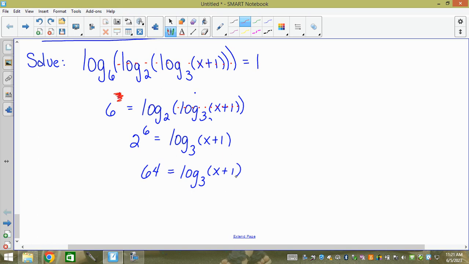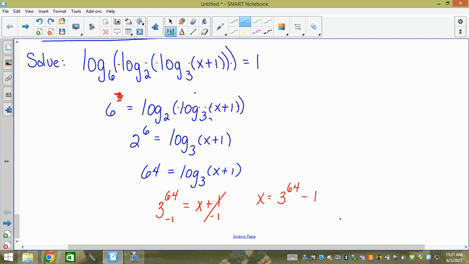Now we're just back to normal math. Kind of ugly, but what do we get? 3 to the 64 equals x plus 1. So then I just have to subtract 1. It seems hella overwhelming if you don't take it piece by piece. I'll always cover up my little bracket and convert as if that bracket isn't as awful as it is.